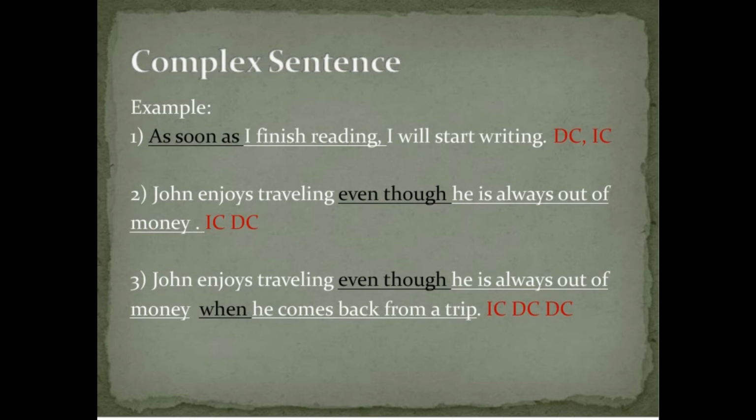The third sentence has one IC, John enjoys traveling, and two DCs, even though he's always out of money, and when he comes back from a trip.